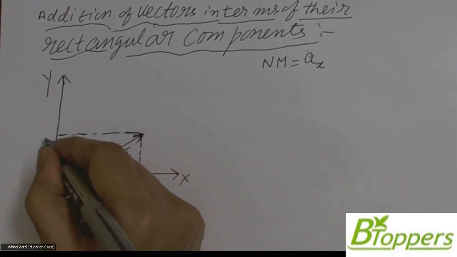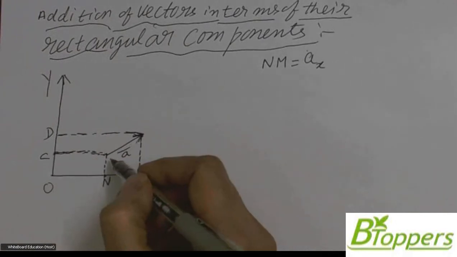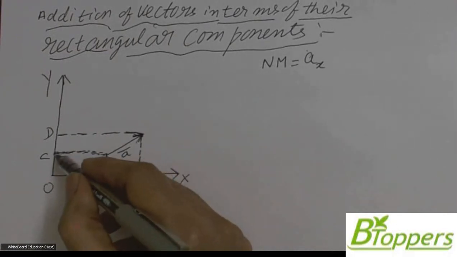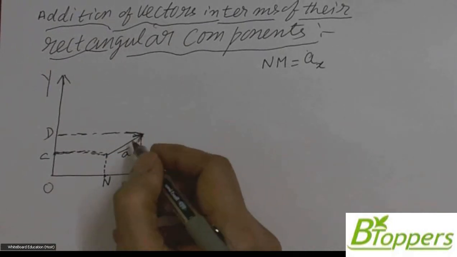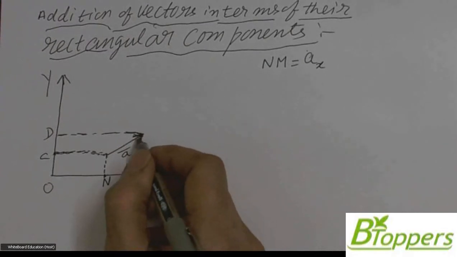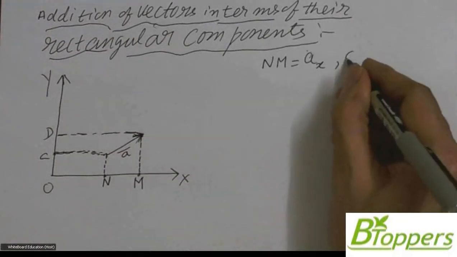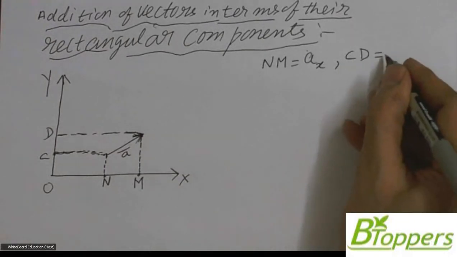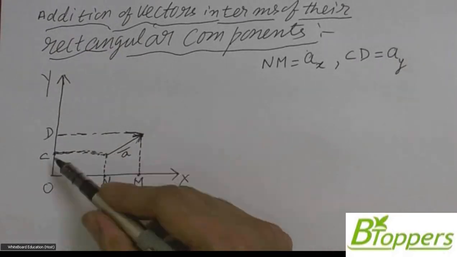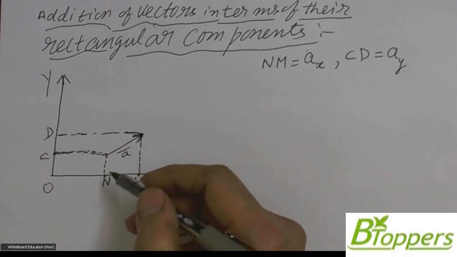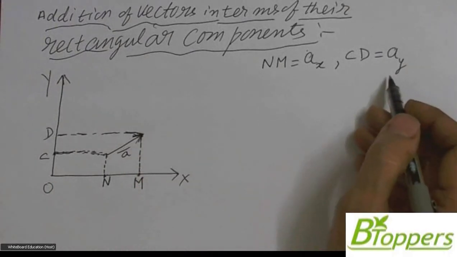Let us call this point C and this point D. That means C is the foot of the perpendicular dropped from the tail of the vector a bar on the y-axis, and D is the foot of the perpendicular dropped from the head of the vector a bar on the y-axis. So the length of the line CD gives you the projection of the vector a bar on the y-axis, or component of vector a bar along the y-axis, denoted by ay.